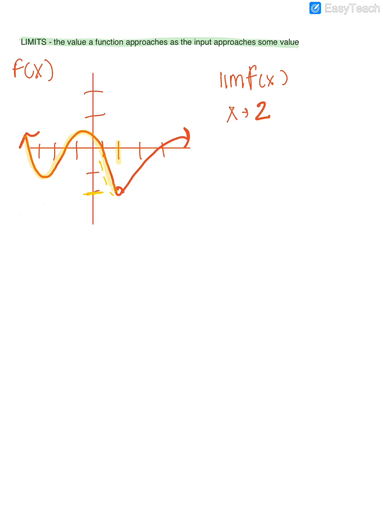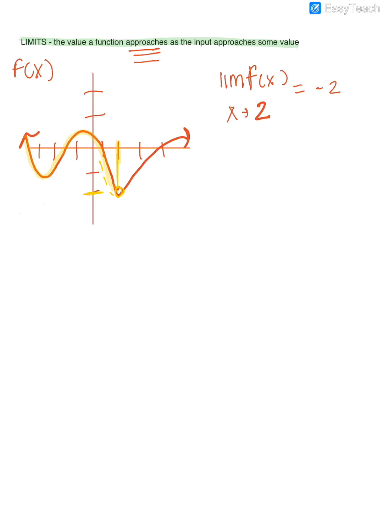Now, at x equals 2, we never truly reach -2 as the y value, just because it is an open circle, so technically it can get to -1.99999, but it will not get to -2. But the answer to this question will in fact be -2, because that is the limit that it is approaching. So it's not at that value, but that's the value that it is approaching.